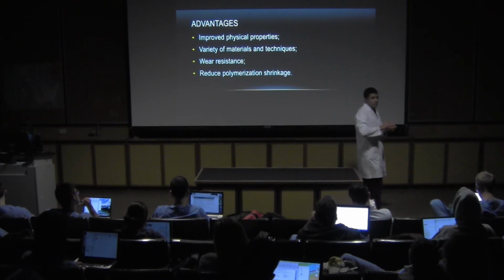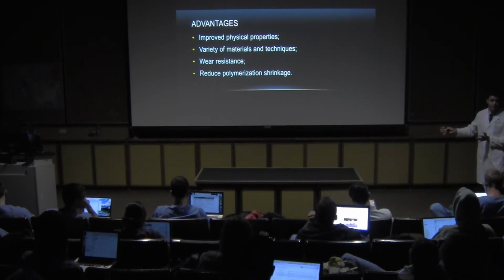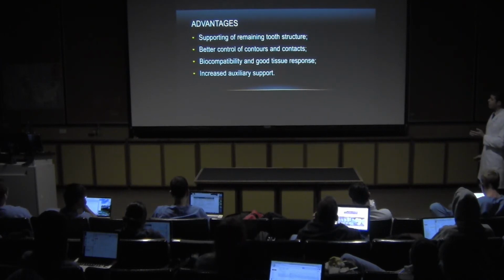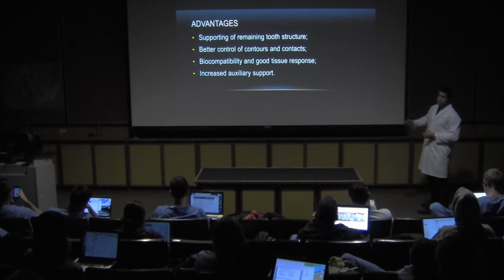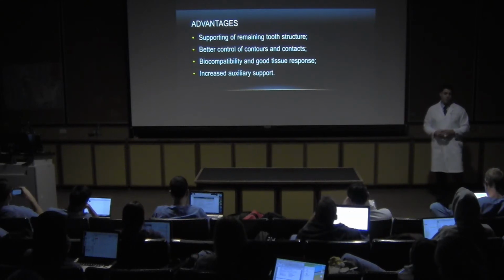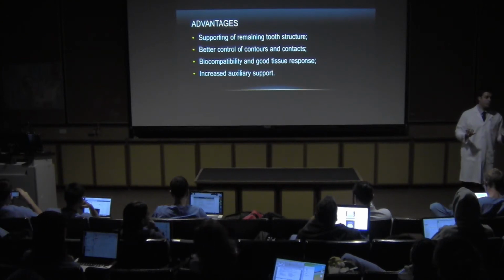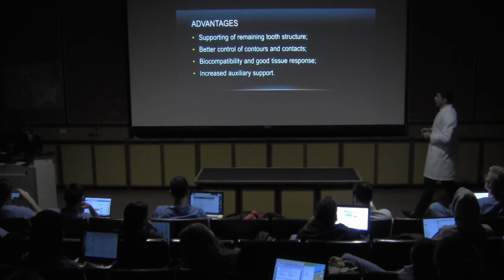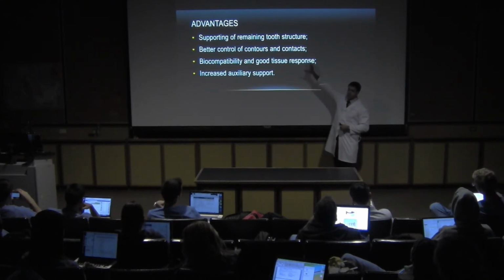And if I'm working with optical impression, I don't have that. Supporting of remaining tooth structure, because normally we are including this tooth structure in the prep. We have better control of contours and contacts.